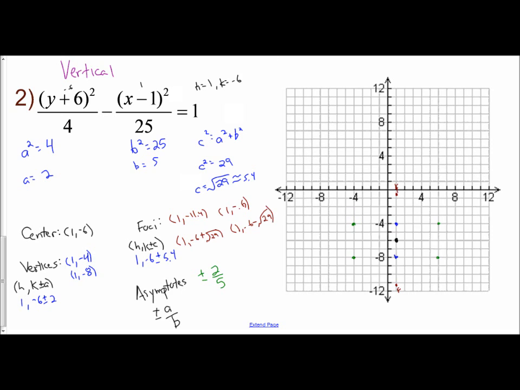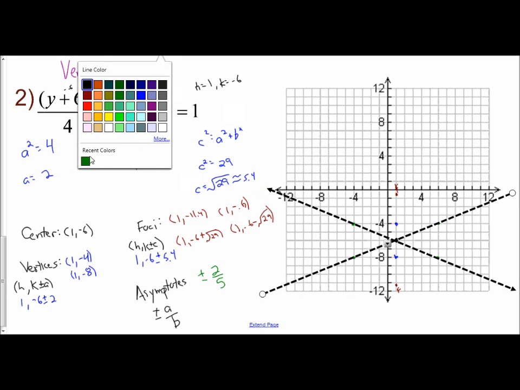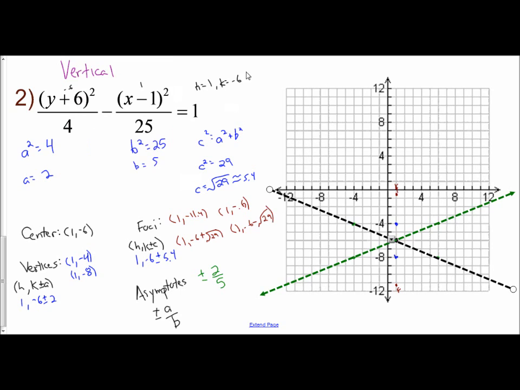And let's connect those with our dashed lines. And I'm going to extend them across the grid. And so there are the asymptotes. And again, I can change the color so we can distinguish between them and the graph itself.